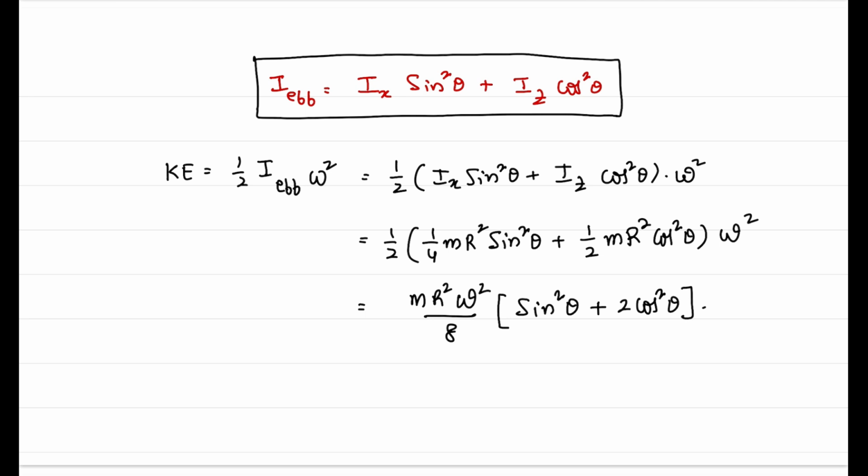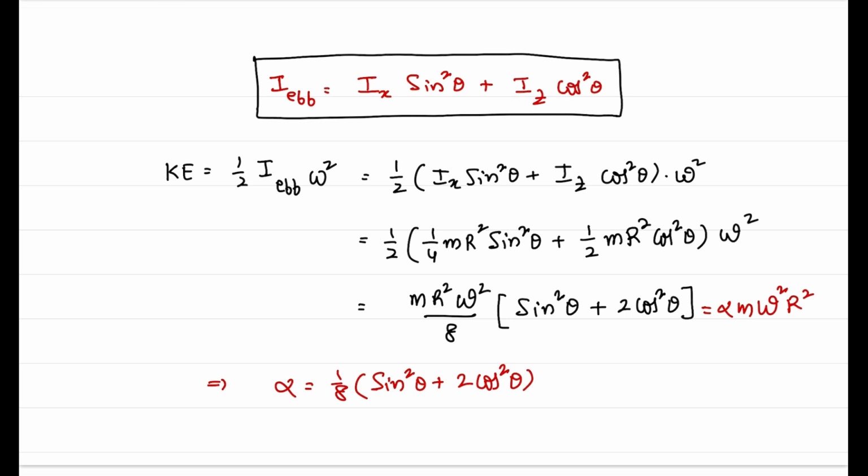Therefore, in the formula, this is alpha m omega square r square, which implies alpha is equal to 1 by 8 into (sin square theta plus 2 cos square theta).